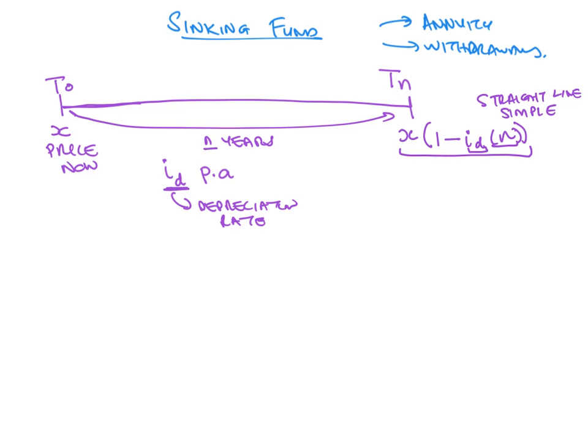The other way to do it is to work it out on the reducing balance. It's called the reducing balance, or the compound depreciation. And that says that it's 1 minus the depreciation rate to the power of n, which is the number of years that this machine has depreciated.